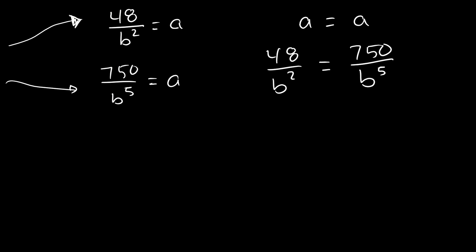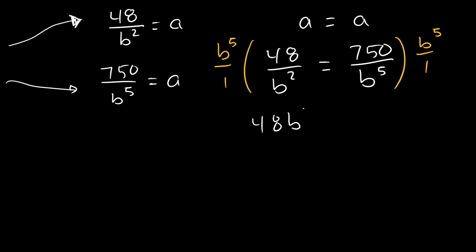This is an excellent opportunity to use fraction busters, right? If I want, I could multiply both sides by b to the 5th, so there's only a single term on each side, but I'm pushing this b to the 5th across those terms. And when I do that, I get 48, and then there's the b to the 5th over b squared.